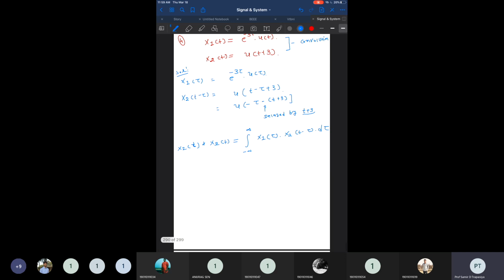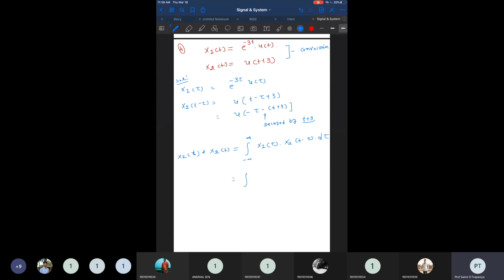And x1 of tau we have already found earlier, so that is the integral from minus infinity to infinity of e raised to minus 3 tau into u of tau, multiplied with u of t minus tau plus 3 d tau, right? The first term e raised to minus 3 tau u of tau is our x1 of tau, and the second term u of t minus tau plus 3 is our x2 of t minus tau.